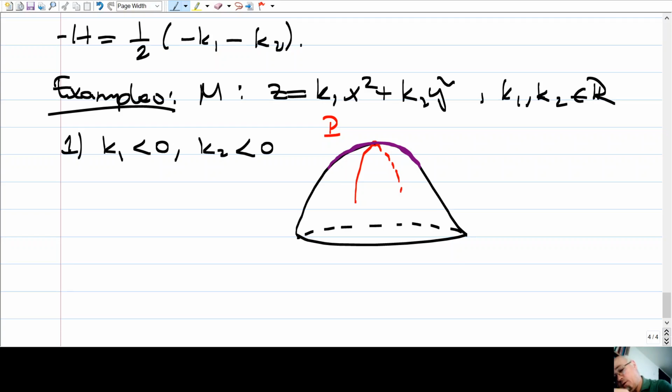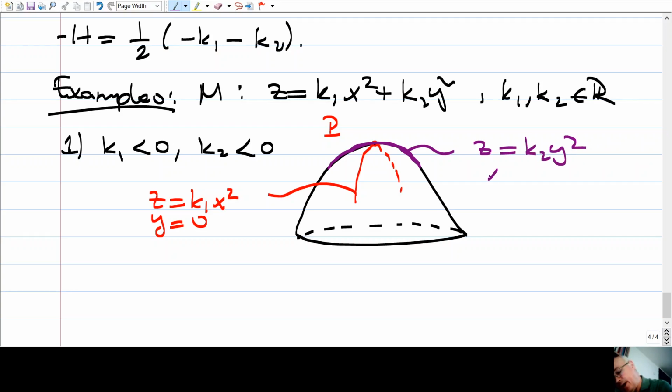So suppose this is the cross section Z equals K1 x squared, where the y coordinate is 0. And let's say this is the cross section Z equals K2 y squared, where x is 0.